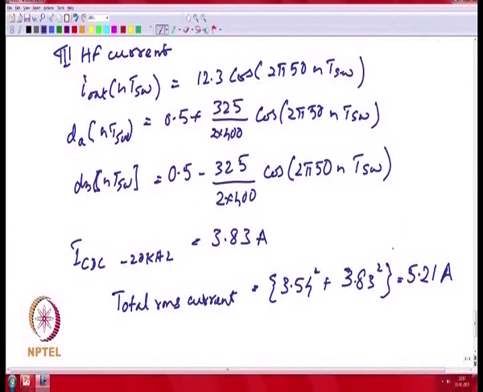So you have about 5.2 amps flowing through the DC bus capacitor, and so a single capacitor would obviously not be sufficient, and we would have to connect multiple capacitors in parallel.